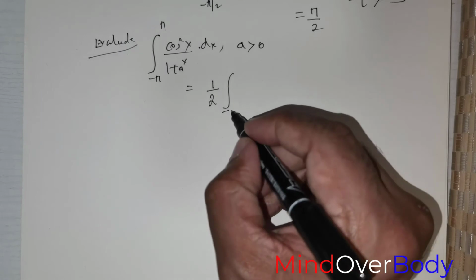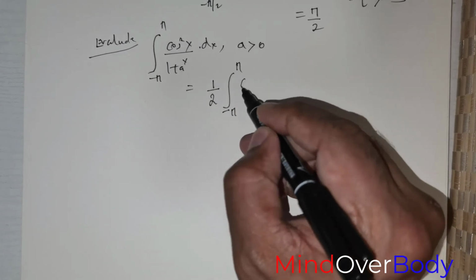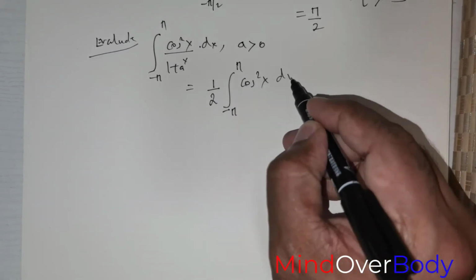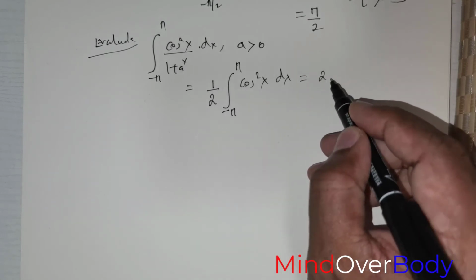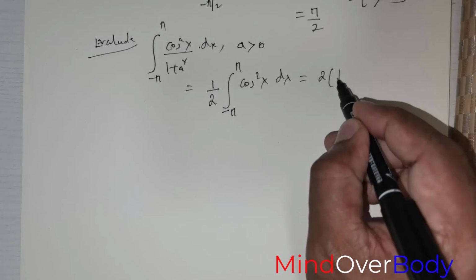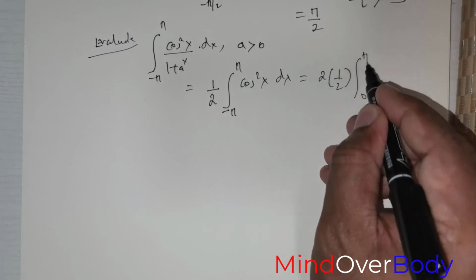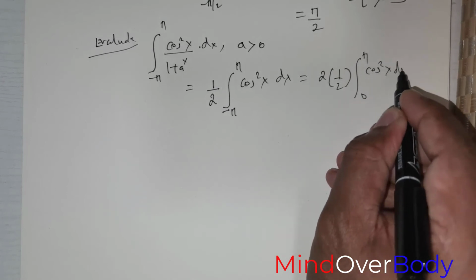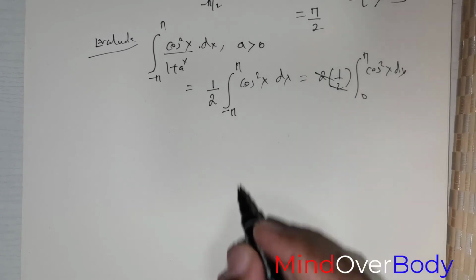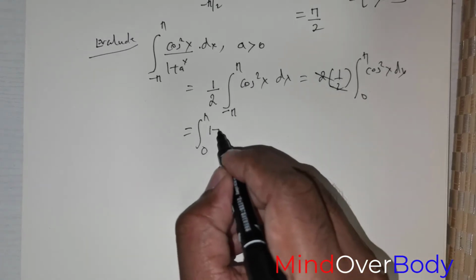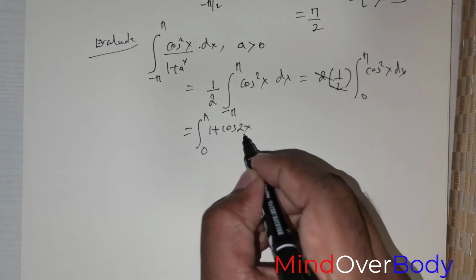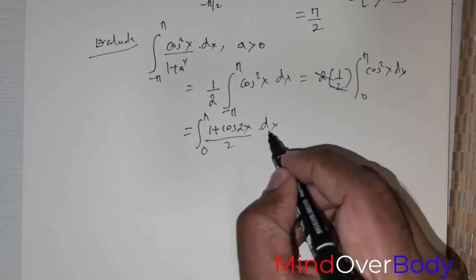So we are having integral negative pi to pi cos squared x times dx. Now cos is an even function, so I can rewrite this as 2 times, I already have a 1 over 2 there, so 0 to pi cos squared x times dx. So 2 can be cancelled, giving me 0 to pi. Cos squared x is 1 plus cos 2x divided by 2 times dx.